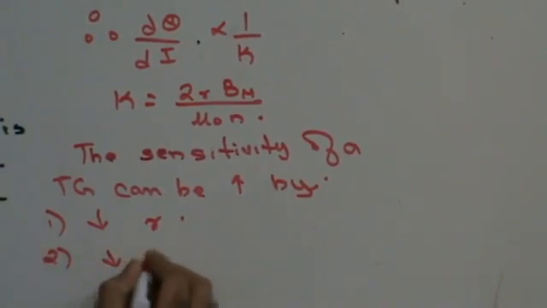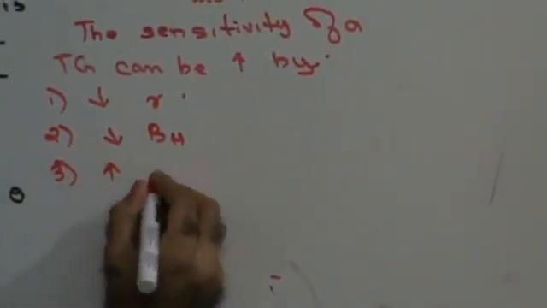By decreasing the value of horizontal component of the Earth's magnetic field, and by increasing the number of turns. So that's how you change the sensitivity of the tangent galvanometer. The sensitivity of the tangent galvanometer can be increased by reducing the radius of the coil, by reducing the horizontal component of the Earth's magnetic field, and by increasing the number of turns. Fine, do we get this thing here?